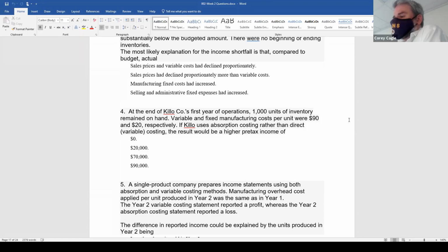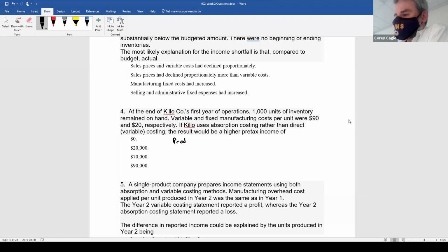Here's number 4, another one similar to what we just did. It'll take 2 seconds. Worded slightly different. At the end of their first year of operations, 1,000 units of inventory remained on hand. Well, that tips us off that production was greater than sales, right? If they have inventory on hand after that first year, that's what would cause that to happen. Variable and fixed manufacturing costs per unit were 90 and 20. So 20 is our number, right? If it was absorption rather than direct, what would happen?